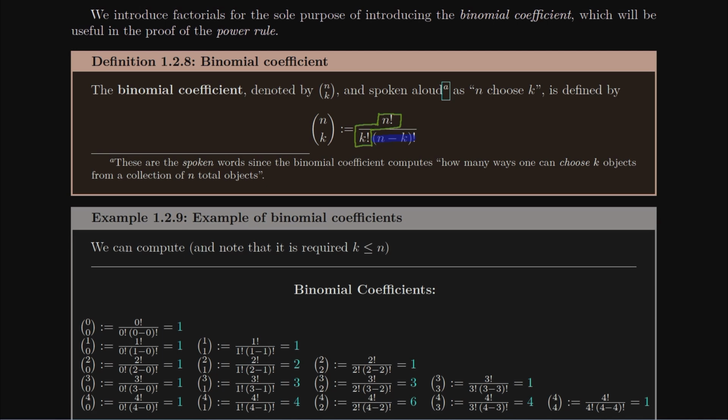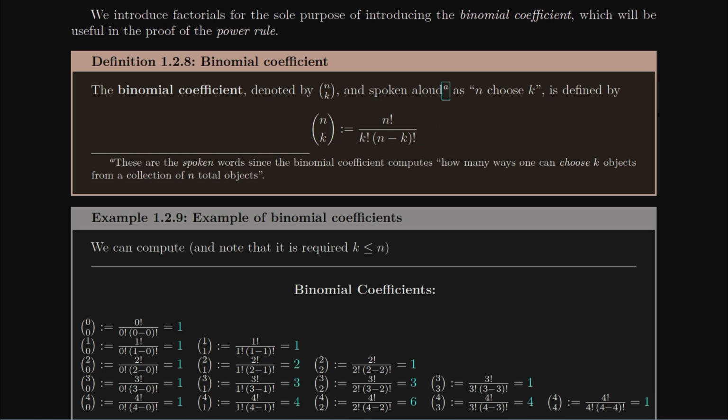But really, I just like to think about it as the sum of the terms in the factorials in the denominator adding to n. In my mind, I always remember that the n and the k both come straight over as an n factorial and a k factorial, but in the denominator I want the total sum of the terms in the factorials to add to n. So that's where I have to account for that n minus k, because n minus k plus k, since I have those both in the denominator, adds to n.